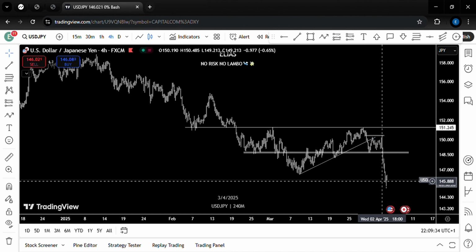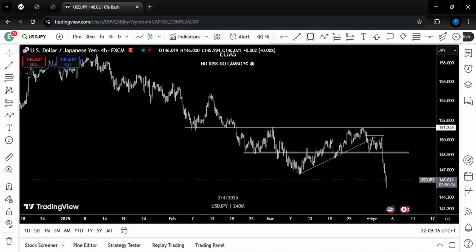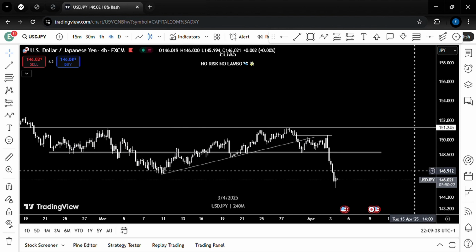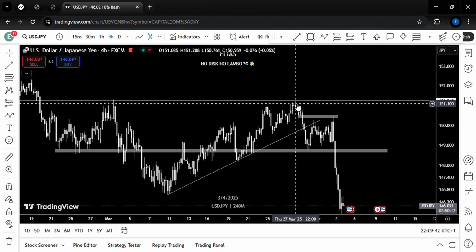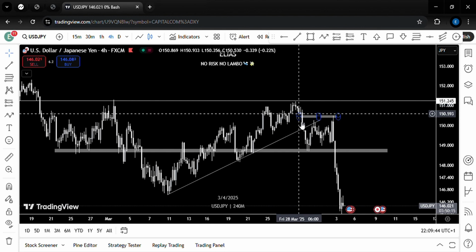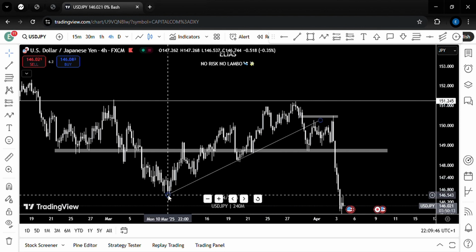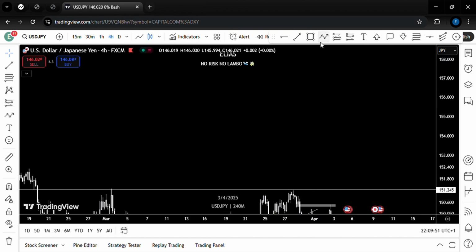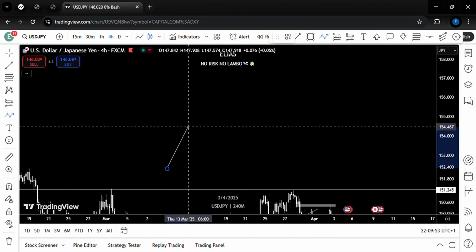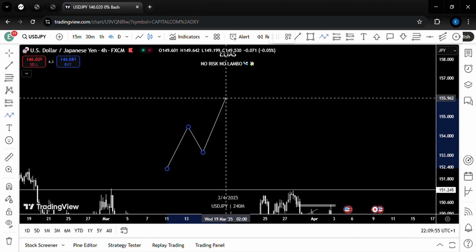Instead, it got rejected. So here now, when I spotted this trend line, and I see price rejected here, I drew my trend line. Let me show you the diagrammatic representation.